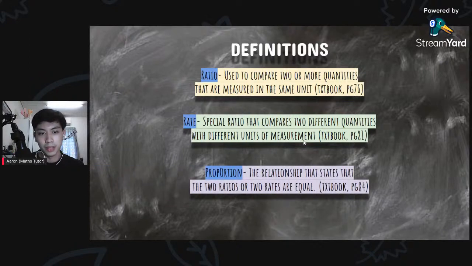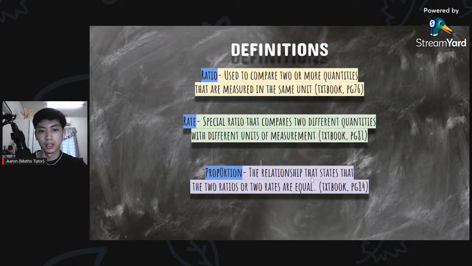Coming up next, we have proportion. Proportion is a bit interesting. It is related to ratio. It is the relationship stating that two ratios or two rates are equal. A ratio is one thing, but if you write a proportion, there are two ratios with an equal sign in the middle.